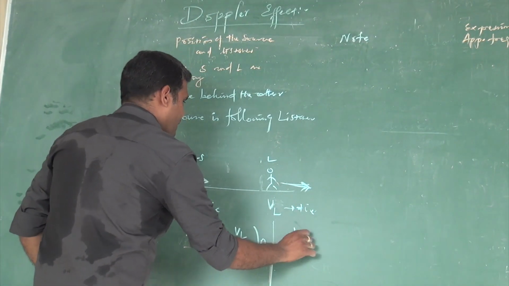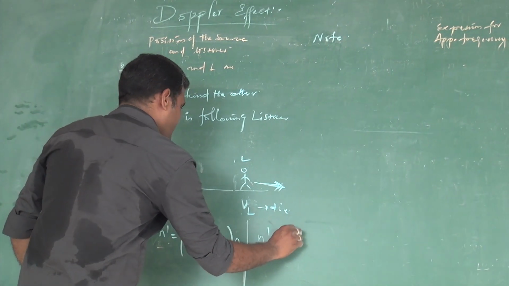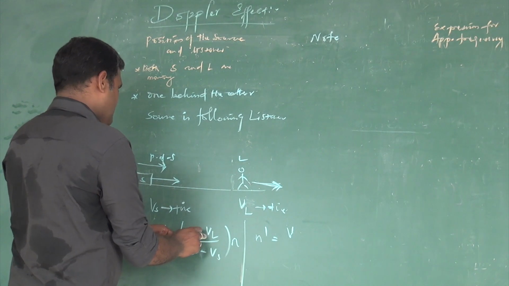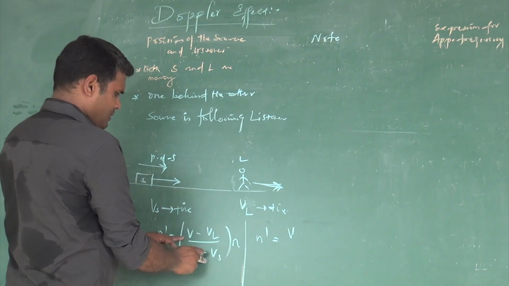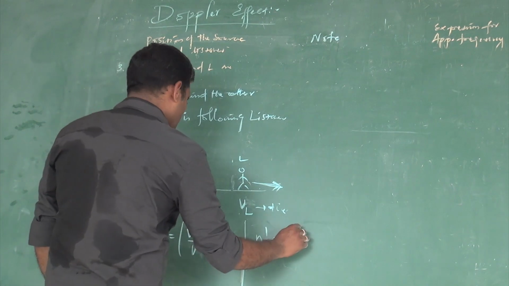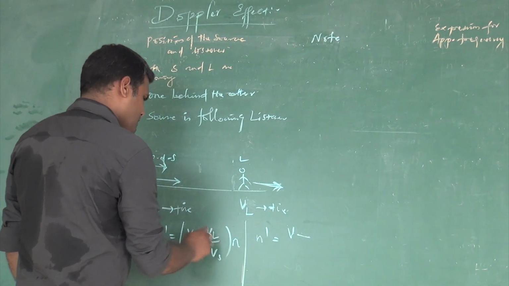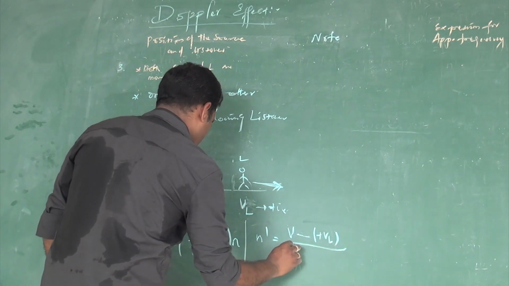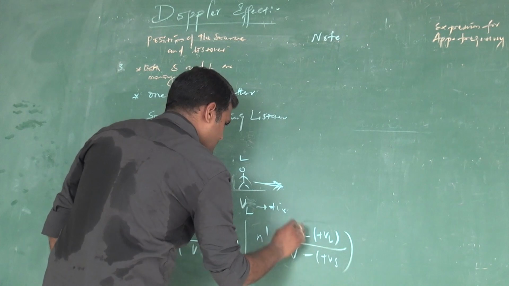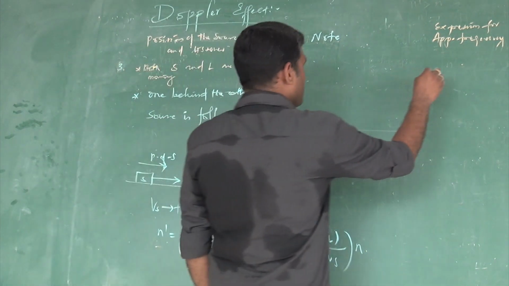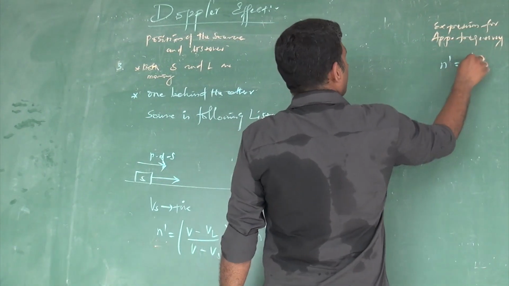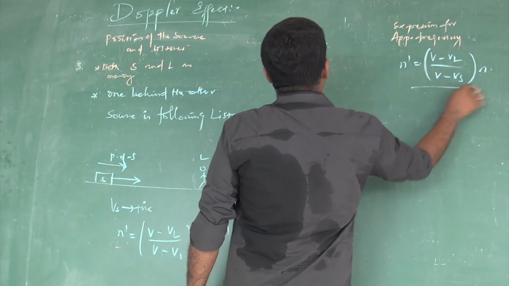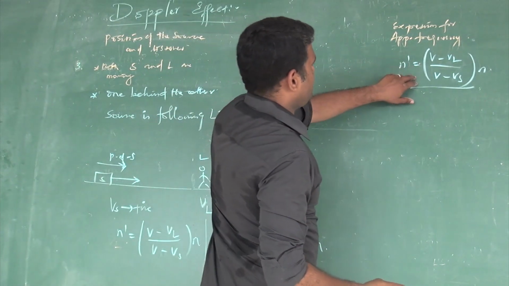As VL is positive and Vs is also positive, the apparent frequency will be n prime equals (V minus VL) divided by (V minus Vs) into n. What do you understand from this?